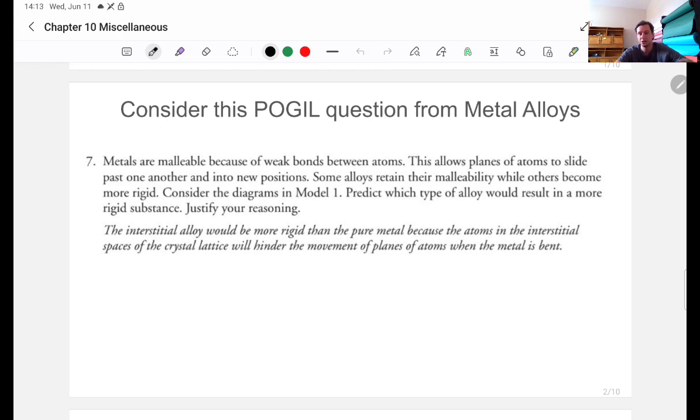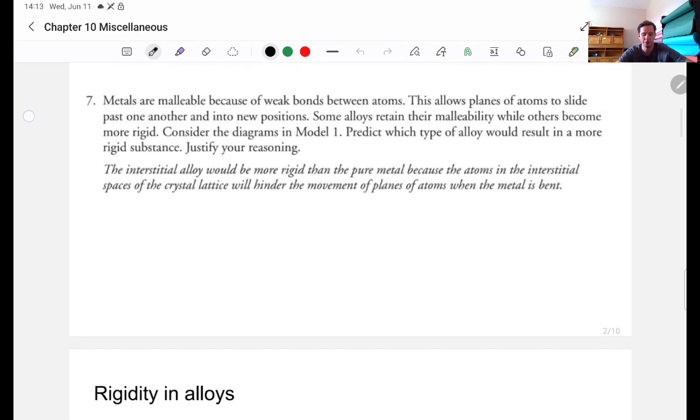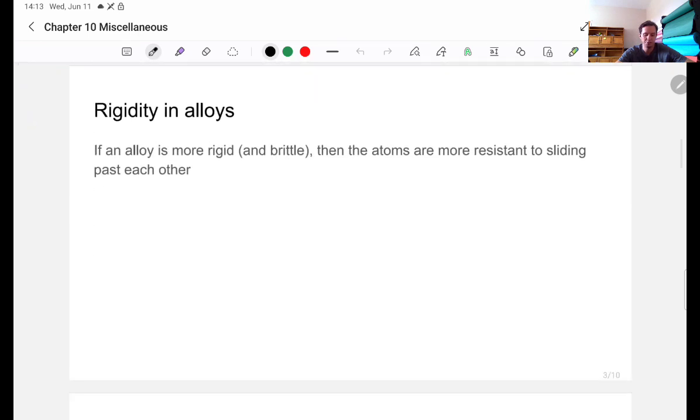Okay, so interstitial alloys increase rigidity by hindering the movement of the larger atoms. So if an alloy is more rigid and brittle, then the atoms are more resistant to sliding past each other.